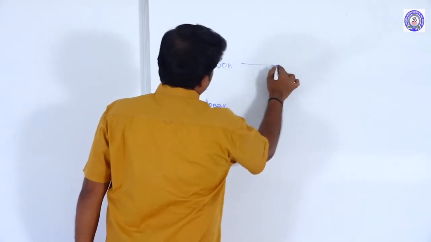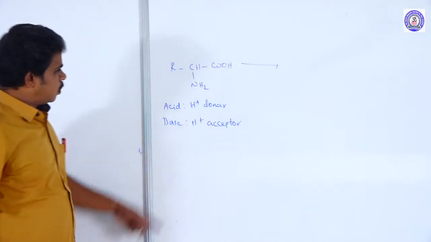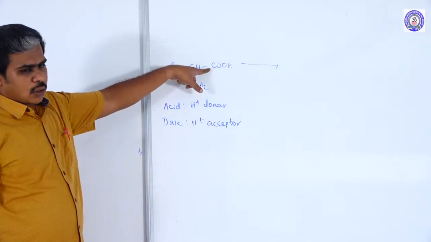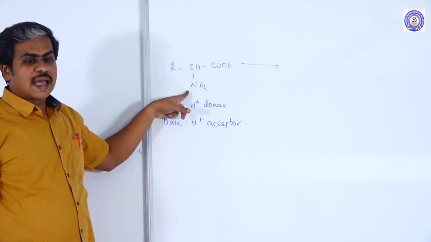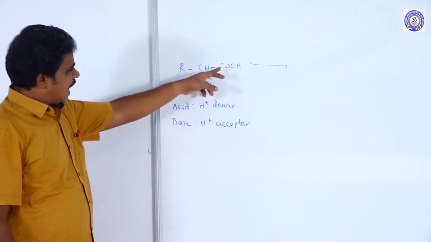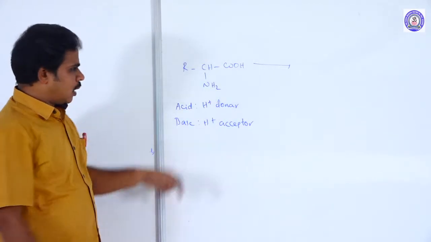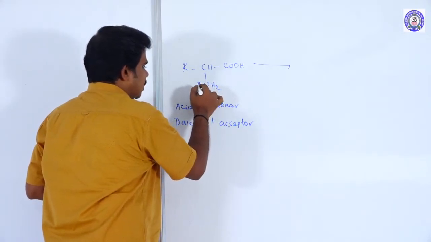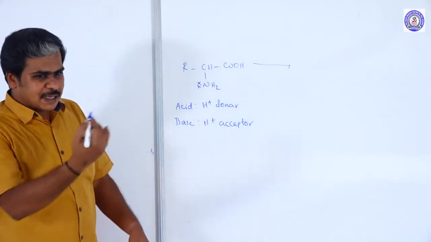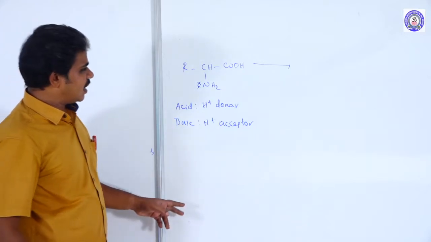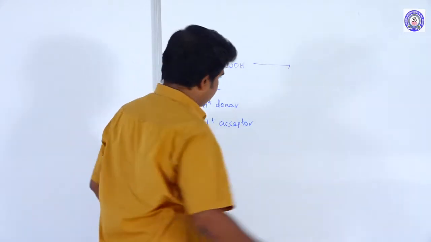Now, it contains a bifunctional group. One is a proton donor and another is a proton acceptor. So the acid donates a proton and the base, that is the NH2 group, accepts a proton and makes a zwitter ion.